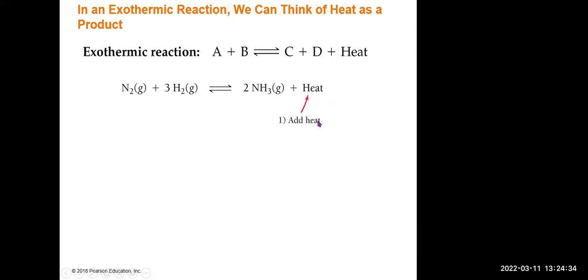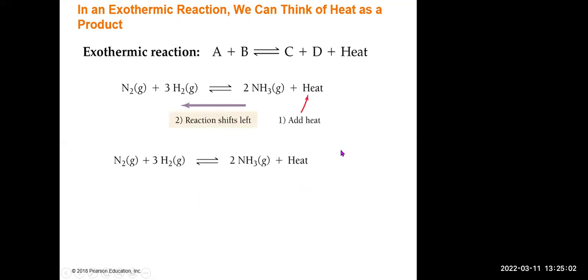So now we are thinking of what we do to the heat. If we add heat or we reduce heat. Usually adding heat is by increasing the temperature of the reaction mixture. If we add heat and we treat this heat as a product in the gas or aqueous state, therefore it is shifting this to the left.